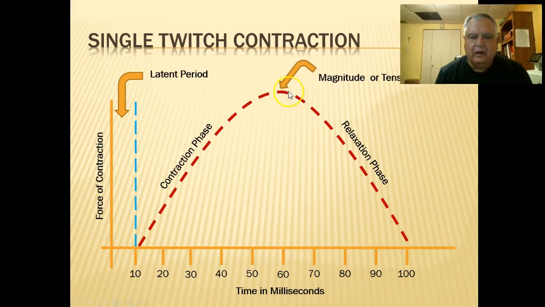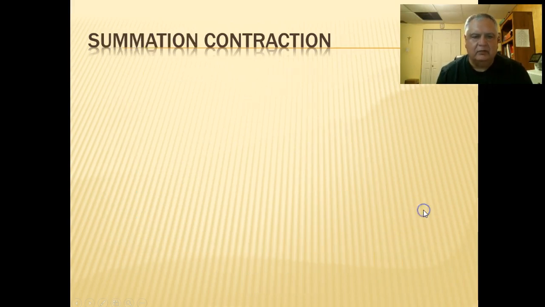So this peak up here represents our magnitude or peak force or tension development. Okay? For a single stimulus, this entire single twitch contraction will take approximately what? As we can see in the graph, 100 milliseconds.